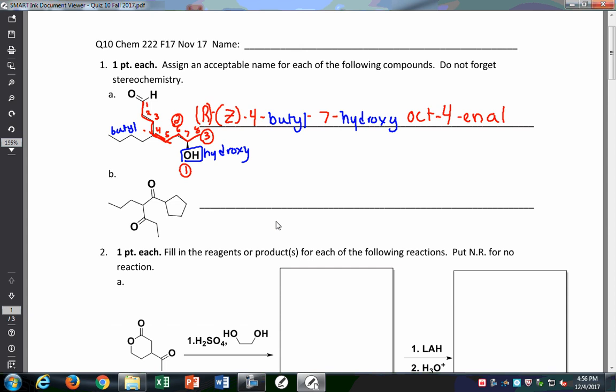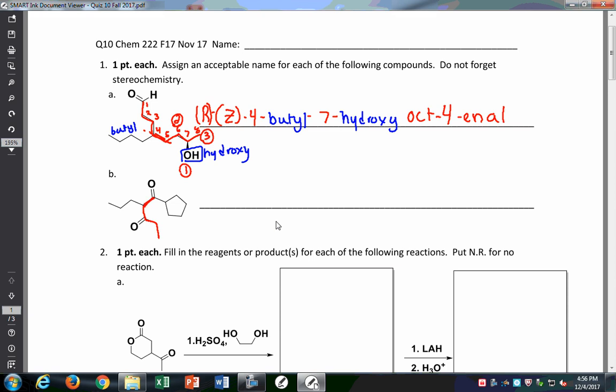For B, we have 2 ketones. So remember, your parent cannot contain the carbon of the ring and a carbon of a linear chain. So our parent actually only contains these. We have 2 possible ways we can number these because we have 2 ketones. We want the lowest numbering system possible.